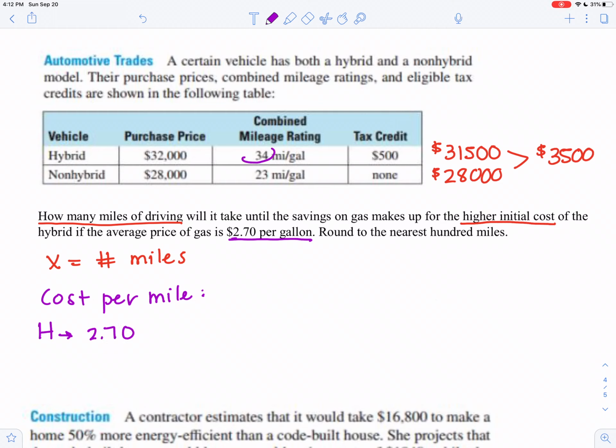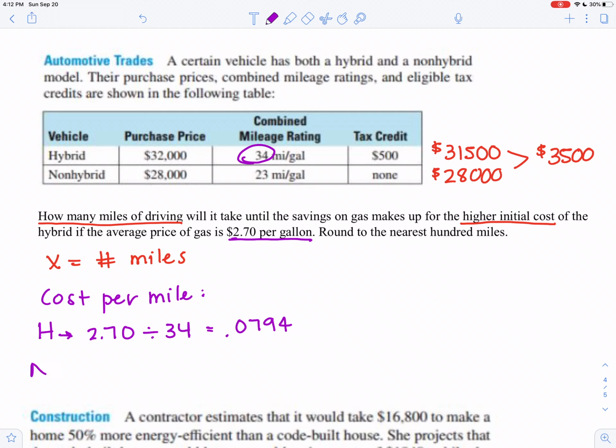The hybrid gets 34 miles to the gallon, so I'm going to divide by 34 miles to the gallon. And that's going to tell me the cost per mile for the hybrid is roughly $0.0794.